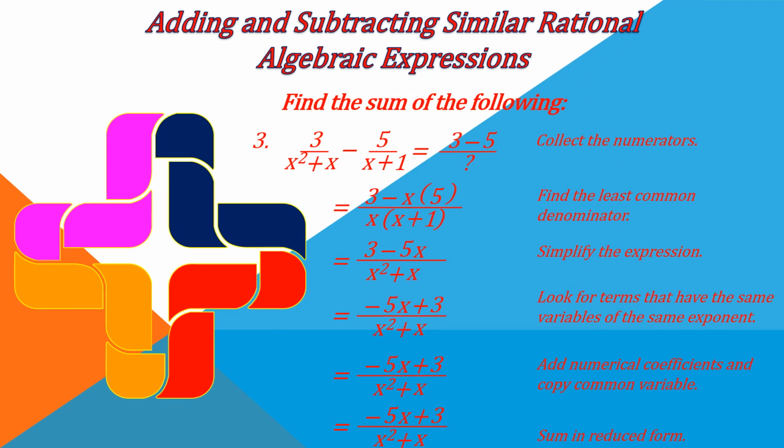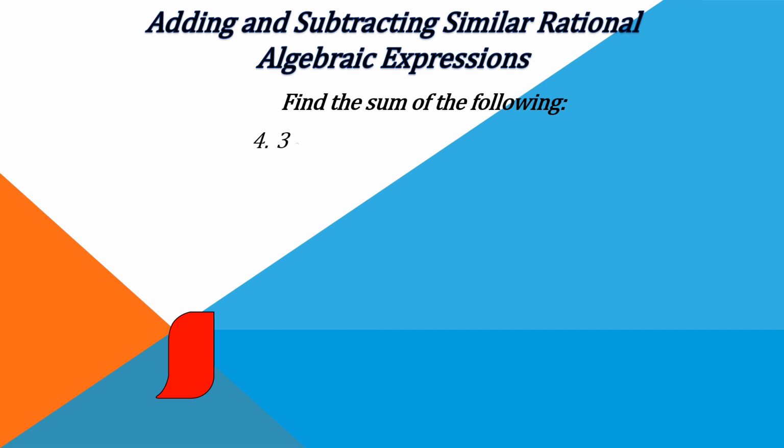Okay, we will now proceed to example number 4. 3r plus 2 over r minus 3 minus r plus 8 over r minus 3. Now, in this example, again, we have a minus sign here, and that is the sign of operation, which is subtraction.